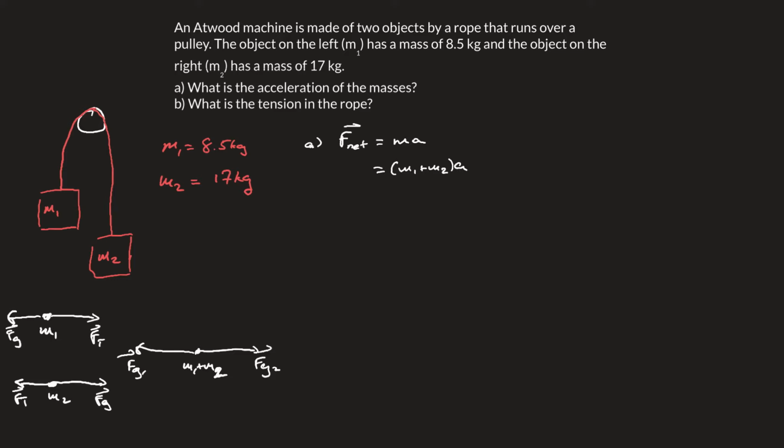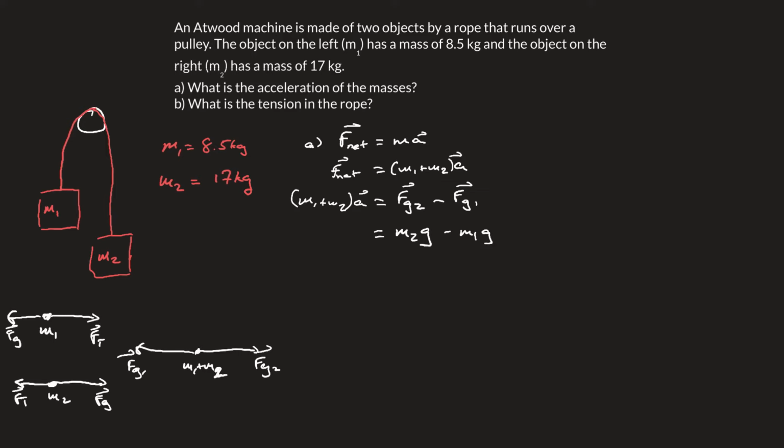We also want to realize that F net, so M1 plus M2 all times A, is going to be equal to our Fg2 minus Fg1. So the gravity pulling down on one mass and then the gravity pulling down on the other mass. Fg is obviously m times g.